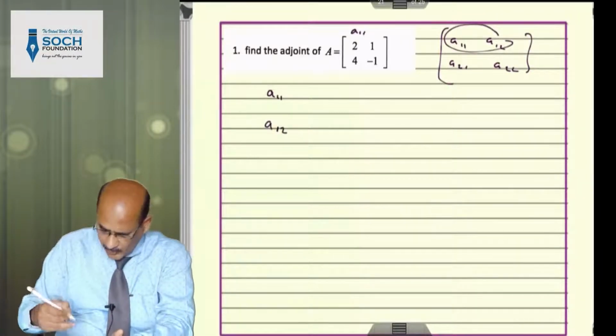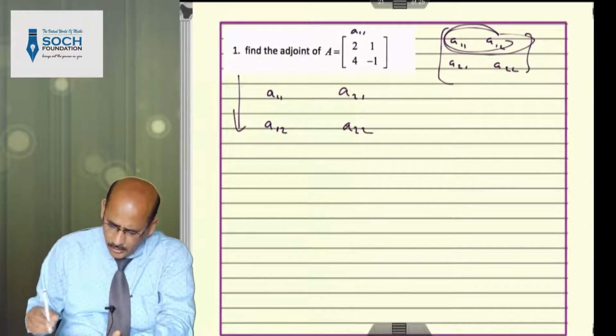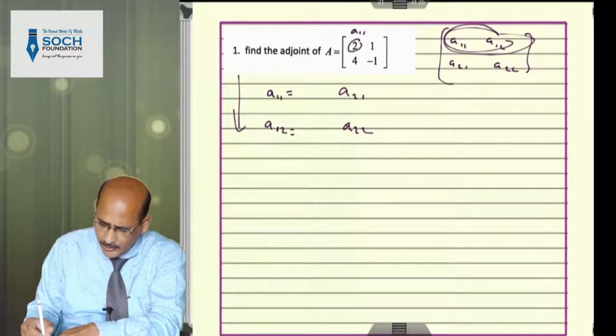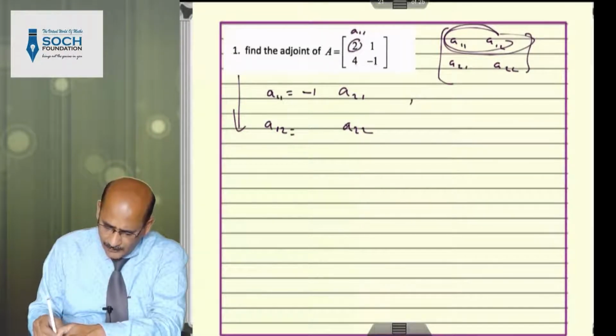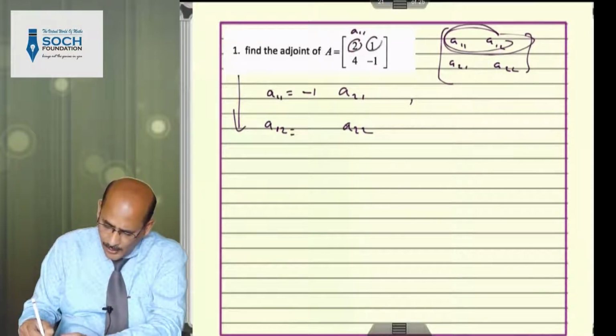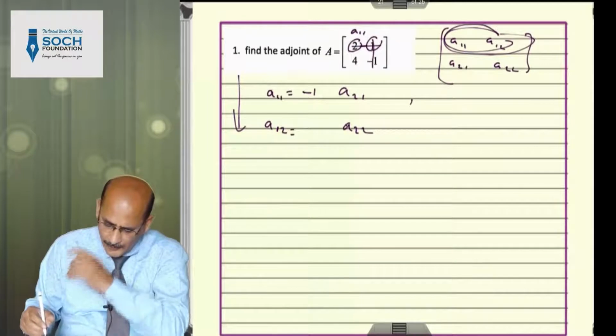A11, A12, A21, A22: where the cofactor matrix is written horizontally, here you write vertically. A11 is this element, with the minus 1, but 1, 1 is an even position, so plus into minus will be minus. For A12, 1, 2, leave this row and this column. So what happens over here?